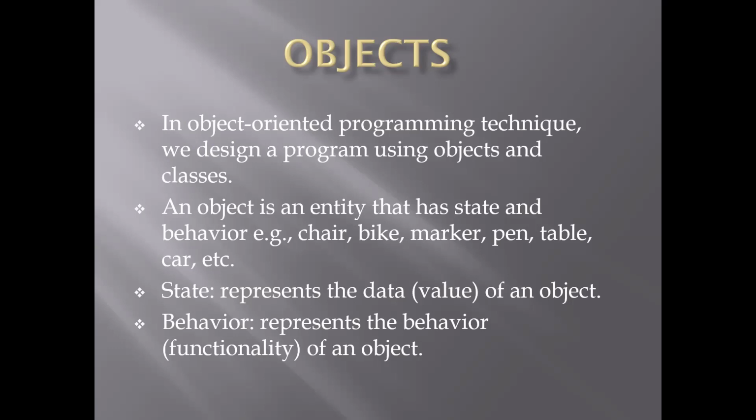It's assuming that everything in this life can be represented in code as an object. Everything you can imagine can be represented as an object. This object holds state and behavior.